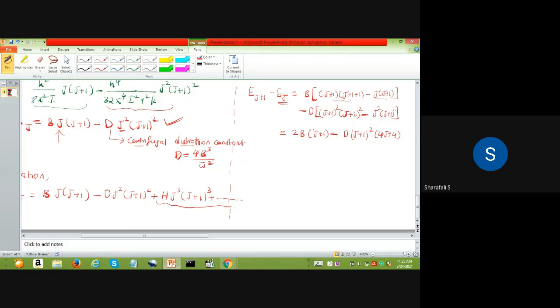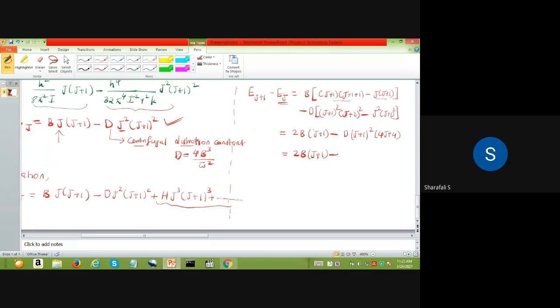Or you can take 4 outside also. If you take 4 outside, then it will come as 2B into J plus 1. This is for the case of the rigid body rotator, we have derived this expression.